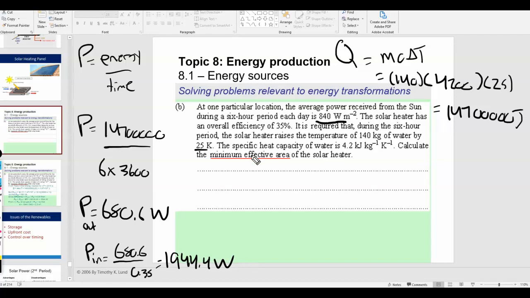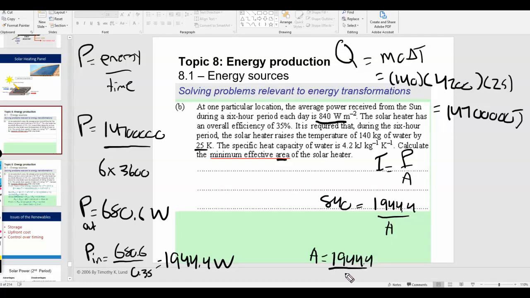The problem is asking me for the minimum effective area of the solar heater. So it's asking me for area. Obviously, it's talking about I equals P over A, and I'm looking for A. I know what I is, it's 840, and I know the P that's required to hit the thing is 1944.4. I do want to tell you, this is not what I would consider an easy problem per se.